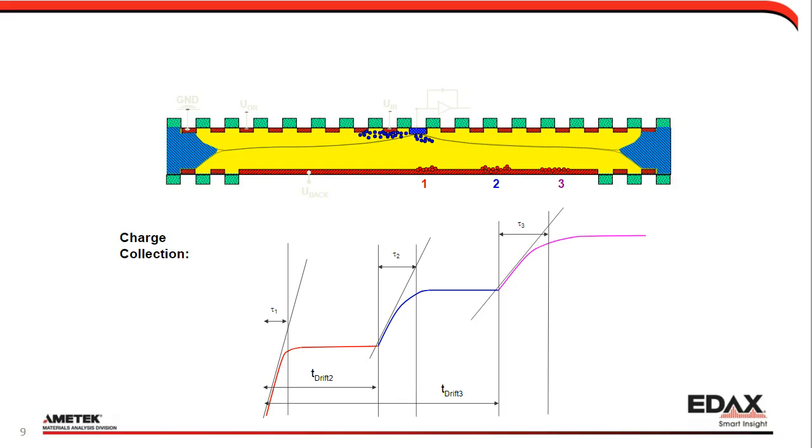Cloud 1 is generated very close to the anode in the chip center, so its drift time is the shortest. Cloud 3 is the closest one to the perimeter, so it takes the longest time, and the drift time of Cloud 2 is in between 1 and 3.